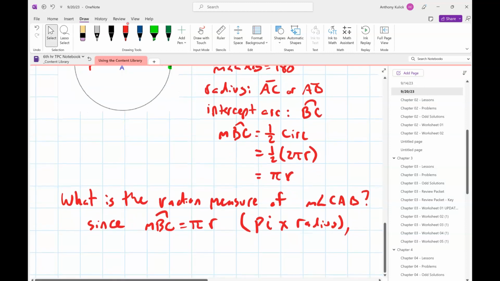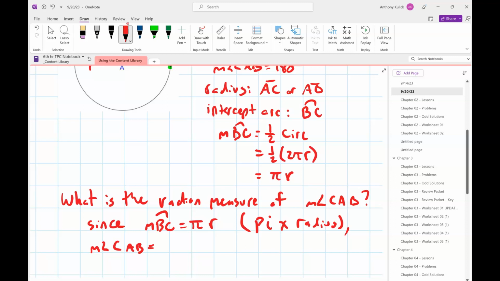What would the radian measure for CAB have to be? It's pi times as big, right? If they're both r, it would be 1 radian, right? If the arc length and the radius were both r, CAB would be 1 radian, correct?